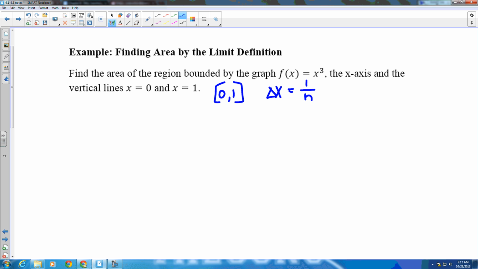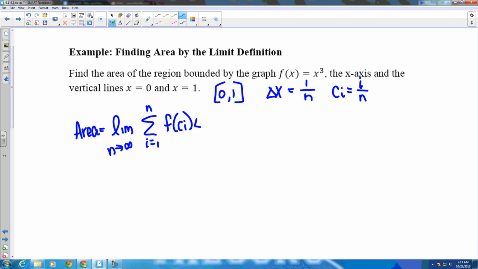Our c_i is a plus i delta x, which in this case is 0 plus i delta x, so i over n. Our area is the limit as n approaches infinity of the sum from i equals 1 to n of f of c_i delta x, that was our definition from the last page. So now we're going to plug everything in where it belongs.